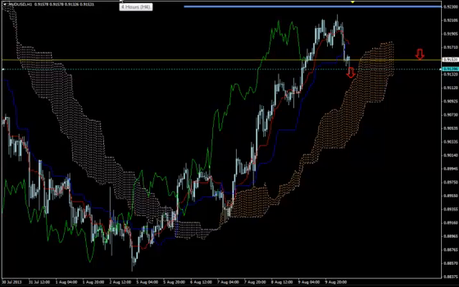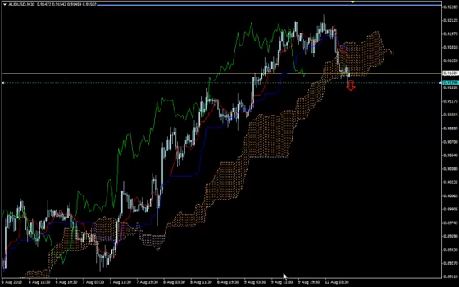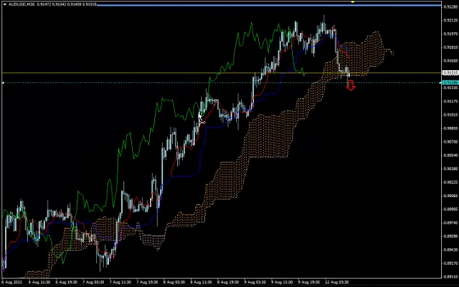Now, take profit. Since we are entering during a bearish Kumo breakout on M30, an exit criterion, a take profit target, would be a bullish Kumo breakout on M30, the same time frame. So let me see if we had something like that. For instance, the opposite.